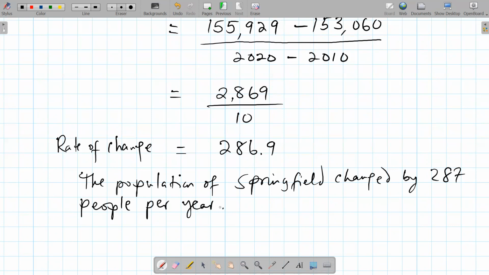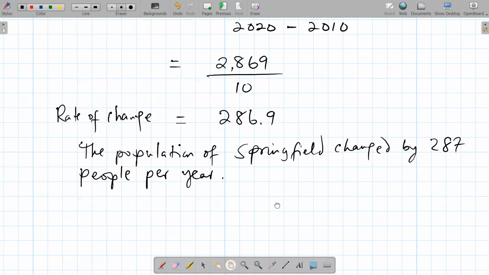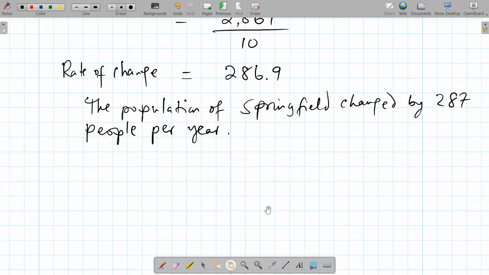Okay, so this is basically an application, and it's just about using the slope formula here.